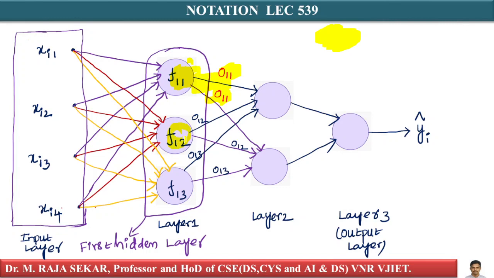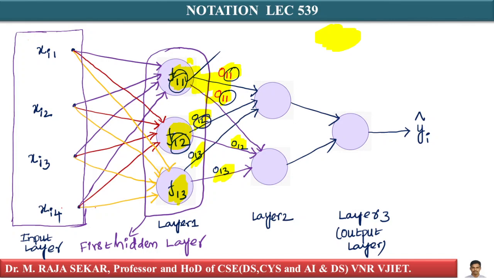Here this neuron is F12. What is the output? O12. I am writing the same number, 12. F13, what are the outputs? O13. Just try to understand these numbers. Here I have 11, and I am writing O11 from this particular neuron. Here I have 12.